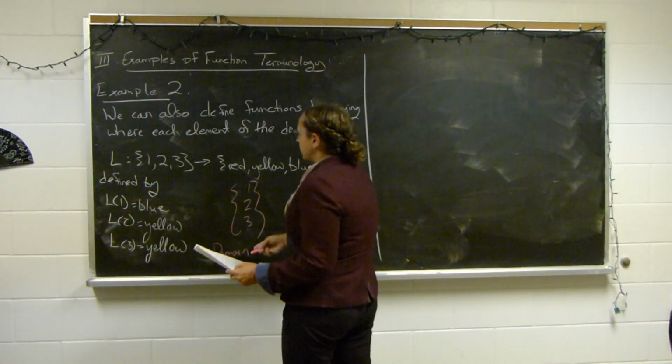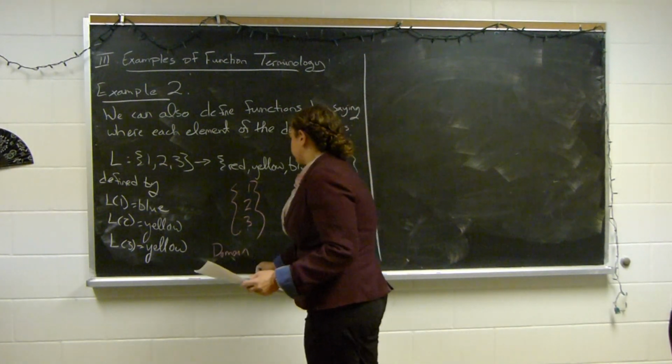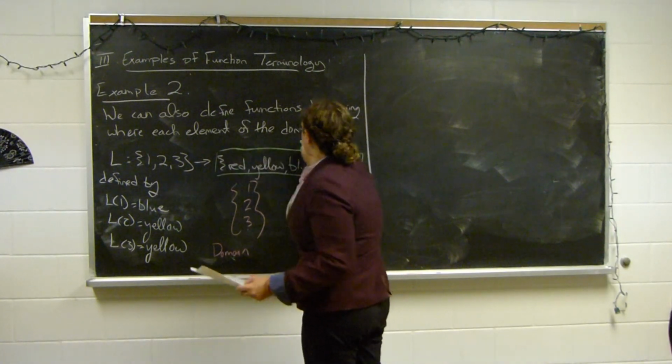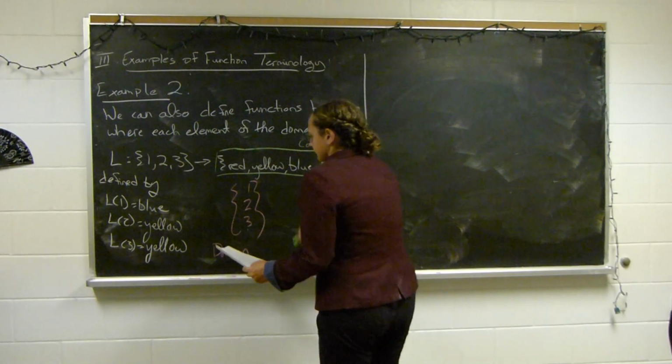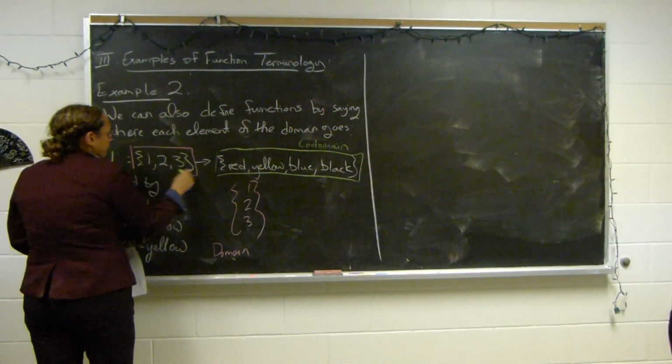Our domain is the set 1, 2, 3, and this here is our codomain. So our domain came from here, that was our codomain.